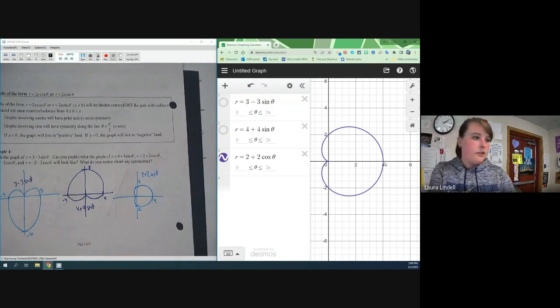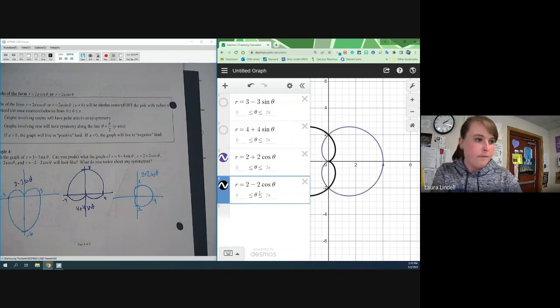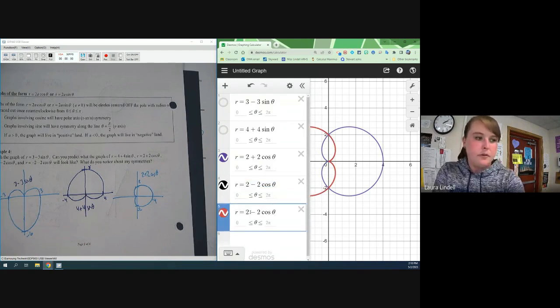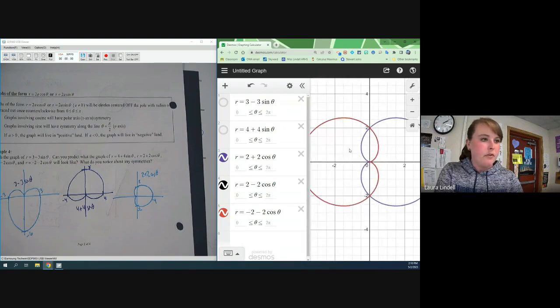All right, we got 2 more here. We have 2 minus 2 cosine theta. And then we have negative 2 minus 2 cosine theta. But wait a minute, those ones overlap.